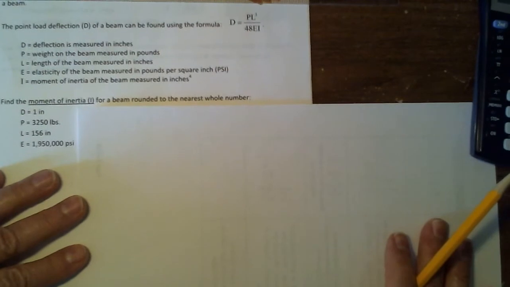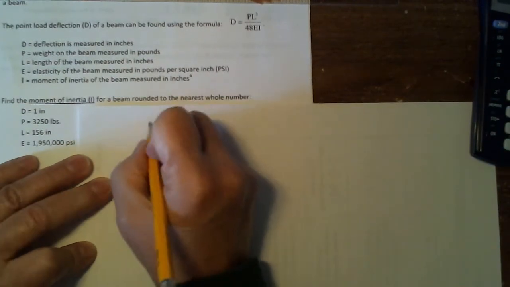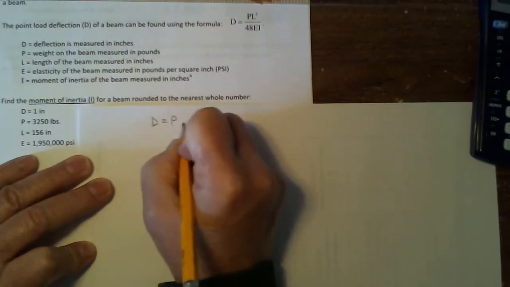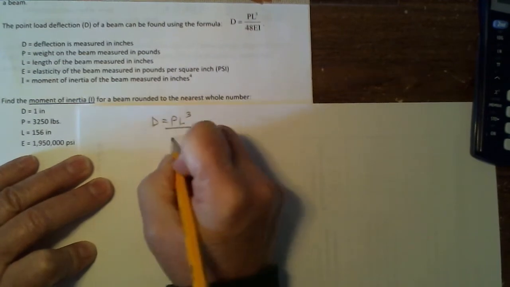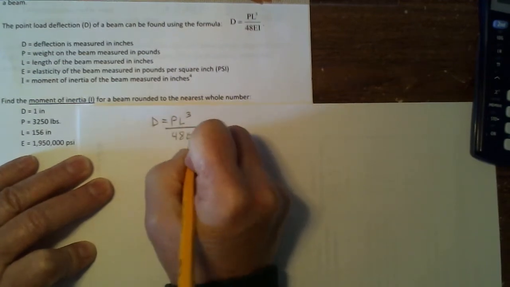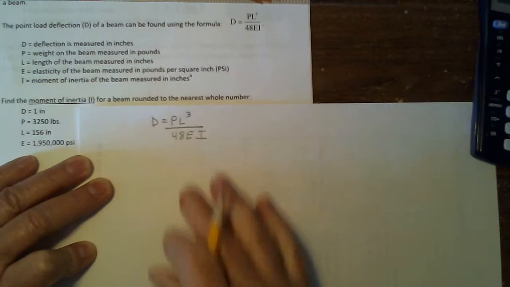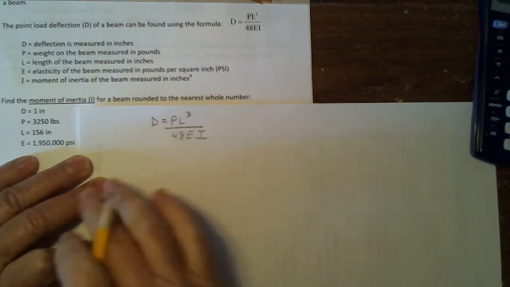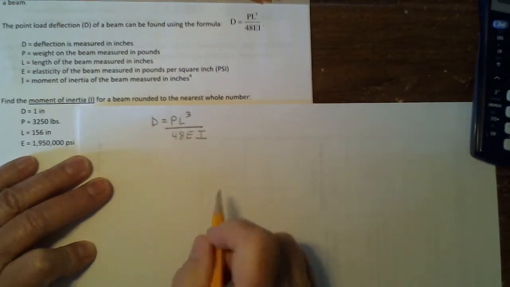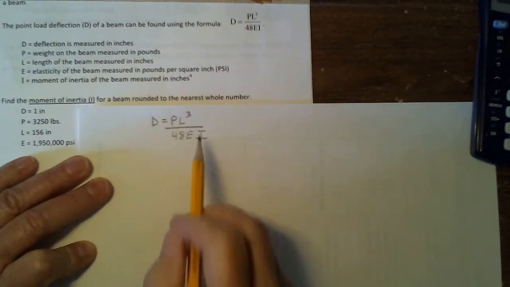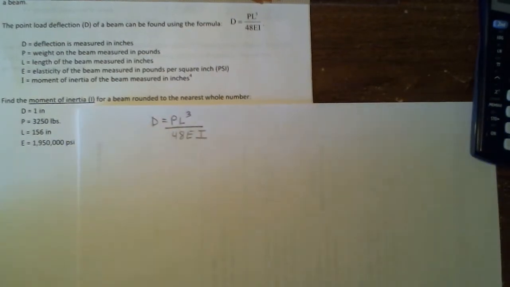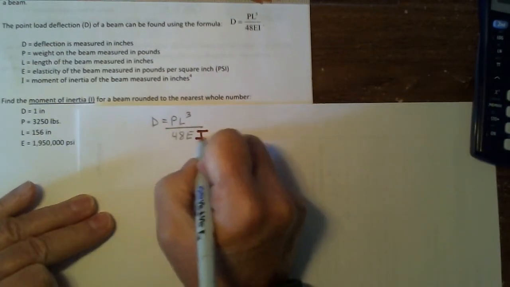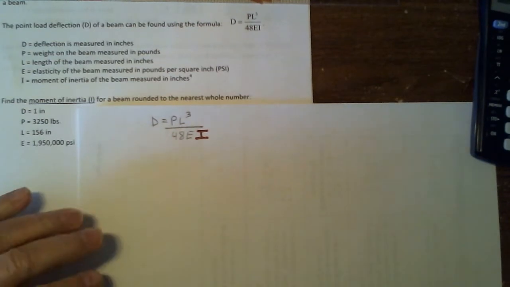So let's start with the formula. D is equal to PL cubed over 48EI. And so in this sample, we're going to go ahead and substitute in the values, and then we'll solve for, in this case, I. And then we're going to do it a little bit differently, and then you can decide what you like.